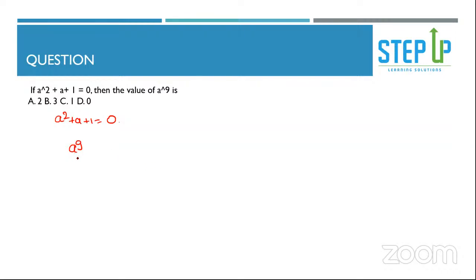Are you getting A is equal to 2 here? A square plus A plus 1 equal to 0. So I should get A here.